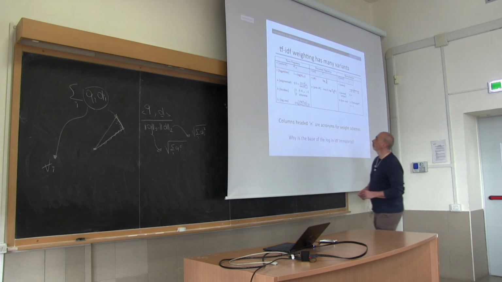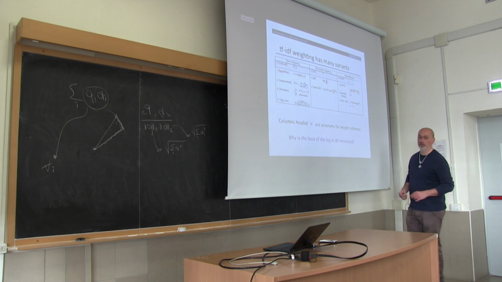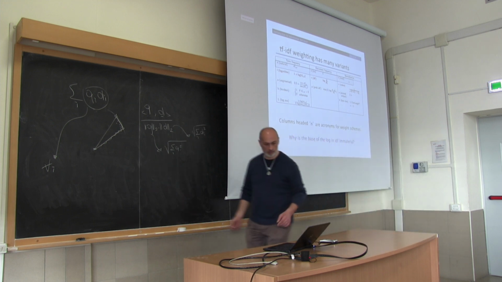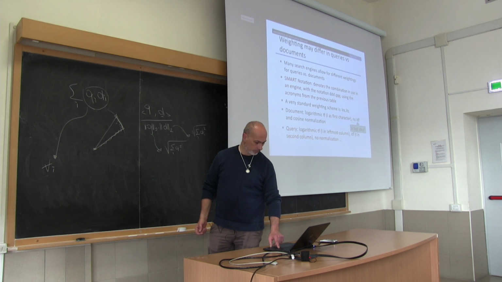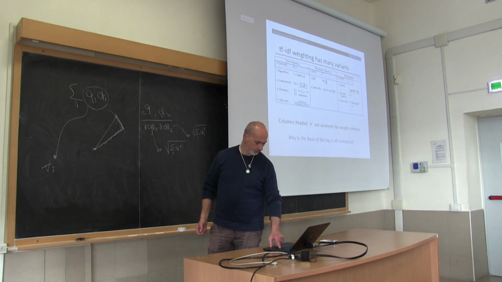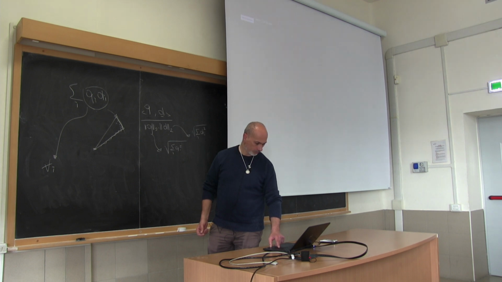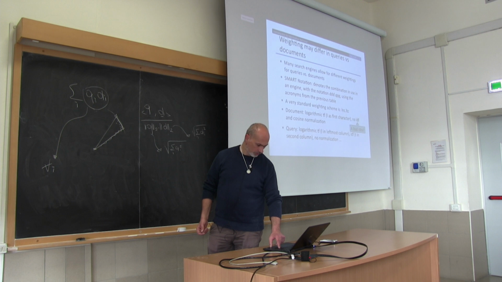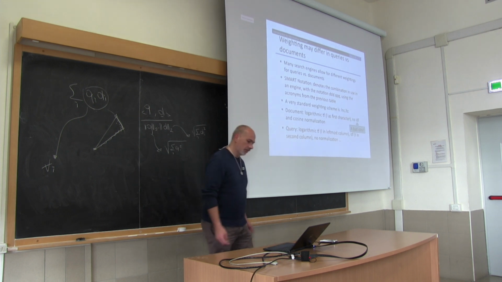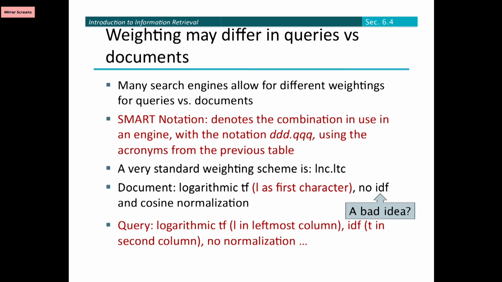You could have, for example, Tn. LNC, for example: you take logarithmic Tf, no IDF, and then normalization.